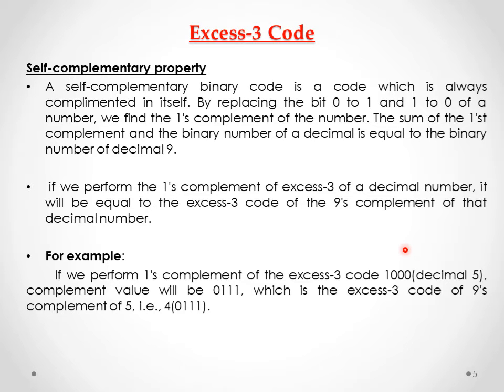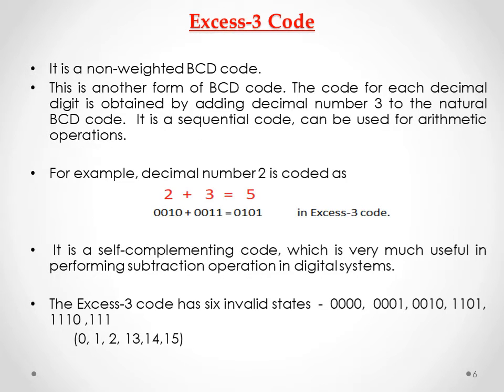Now we take the one's complement of this number, that is 0111, which is the Excess-3 code of the 9's complement of 5. That is, 9 minus 5 is 4. So if you take the one's complement of any number, that will give the 9's complement of that number. This property is called the self-complementary property.